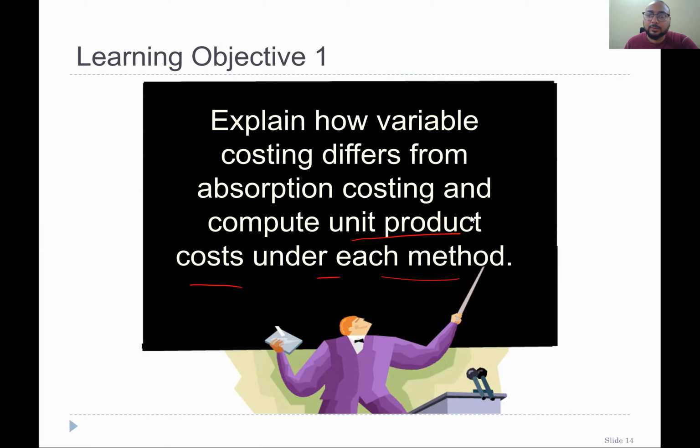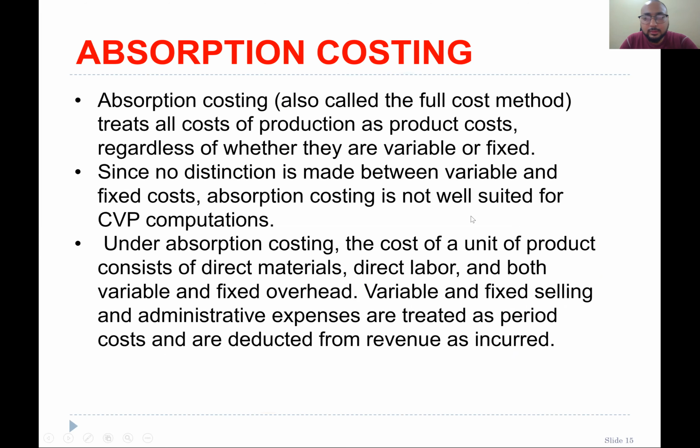Let's talk about this. First, we distinguish what is variable costing and what is our traditional costing, or absorption costing. Absorption costing we also call the full cost method. In this, we include both variable and fixed cost to calculate the unit cost.